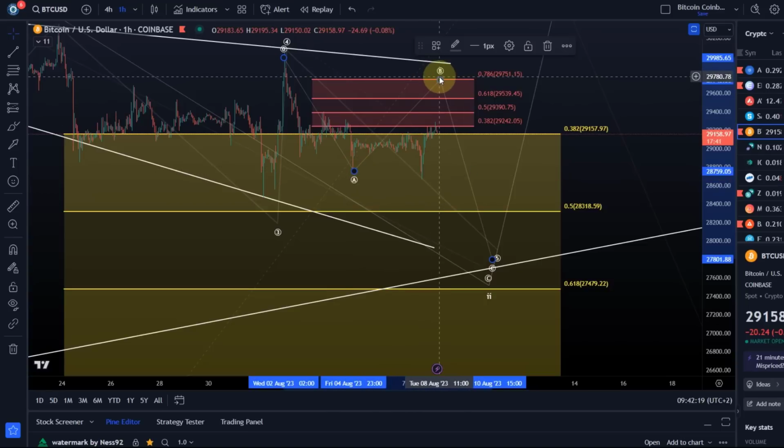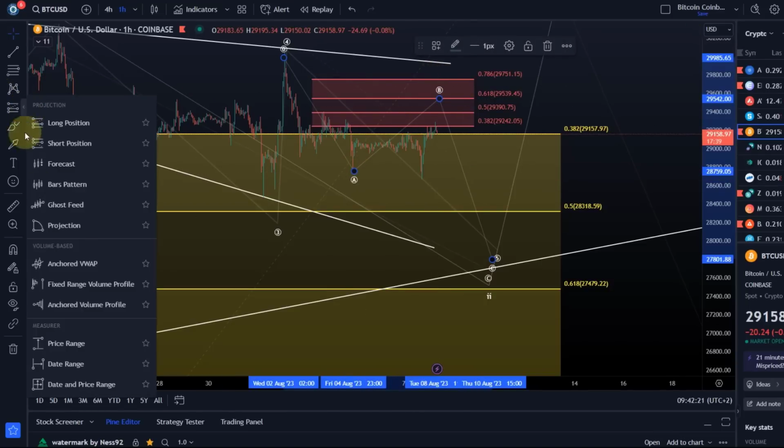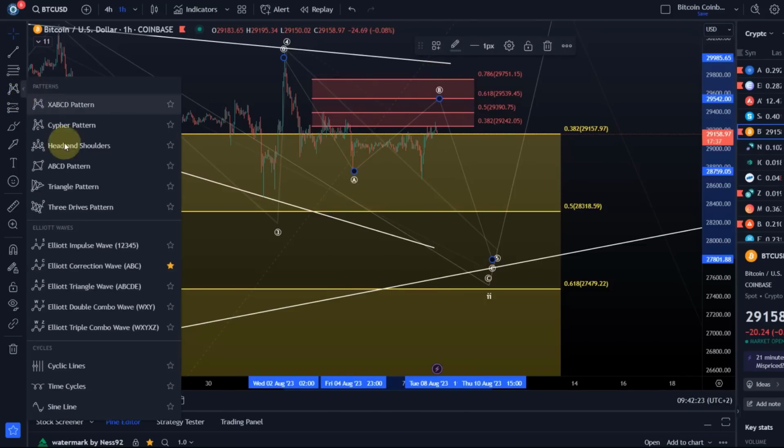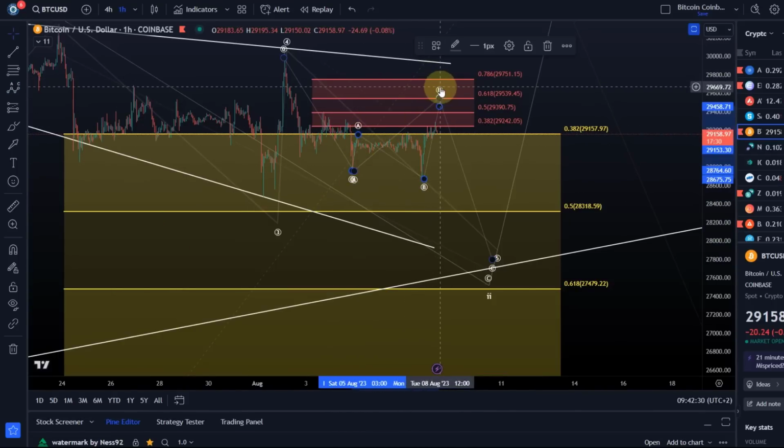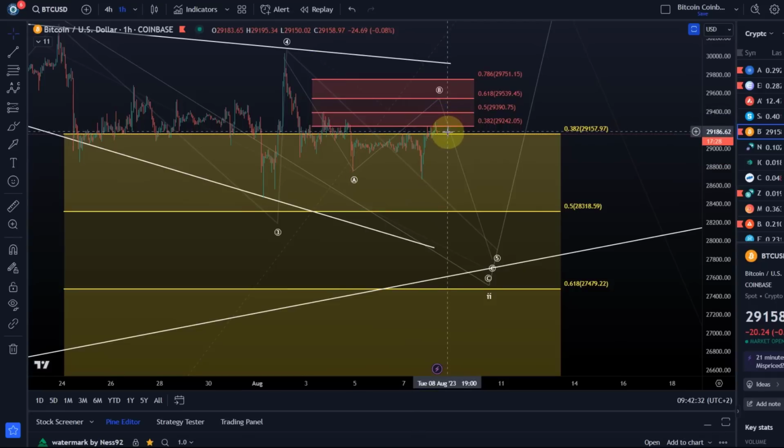The B wave could happen now, and it would be a flat structure. So the B wave itself unfolds as an ABC, A wave, probably here, B wave, C wave in wave B, and it would go a little higher potentially. Here we have resistance all the way up to 29,750. And from there, it could come down in a C wave, in a 5-wave move.